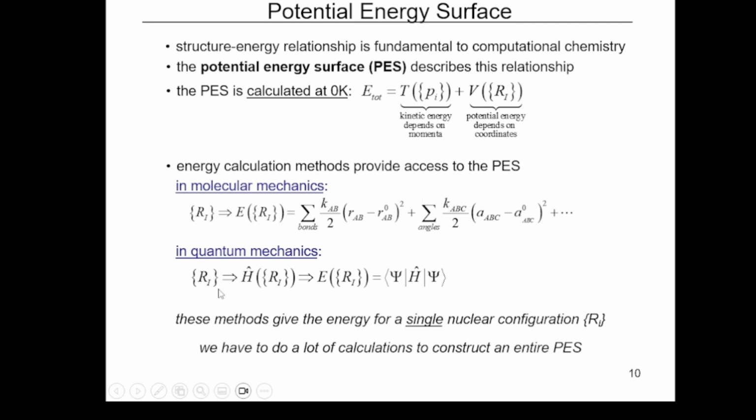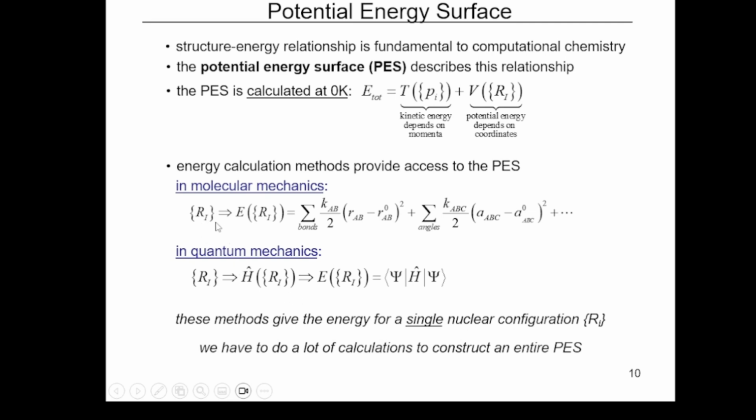In quantum mechanics, the energy depends on the Hamiltonian operator. Now, in Schrödinger equation, we know that this operator, a function of nuclear coordinates, gives you energy of the system. Now, whatever the case is, whether it's molecular mechanics or quantum mechanics, these methods give energy of a single nuclear configuration.